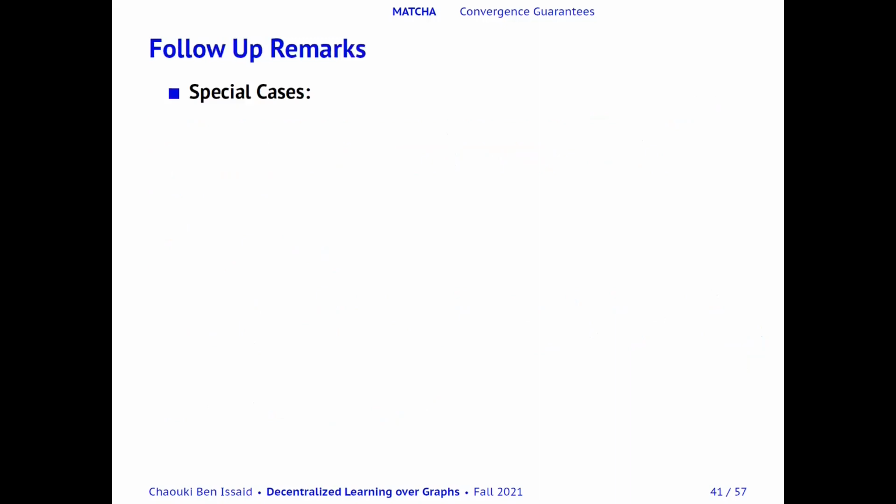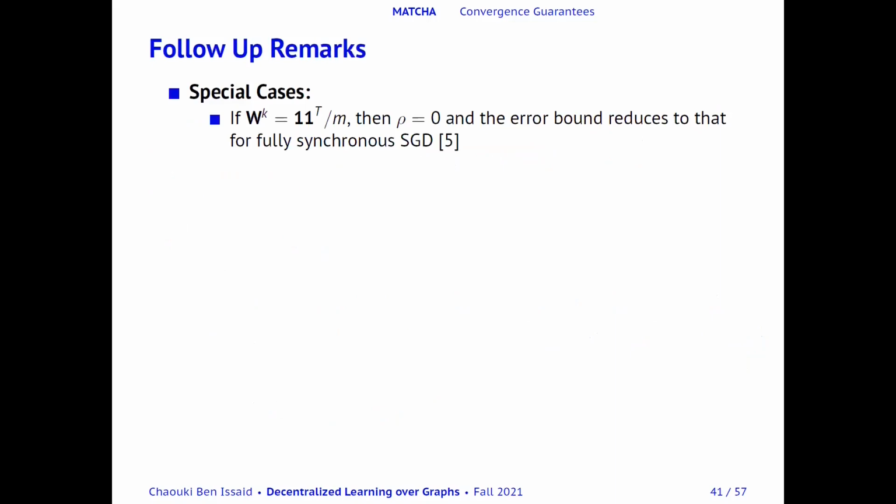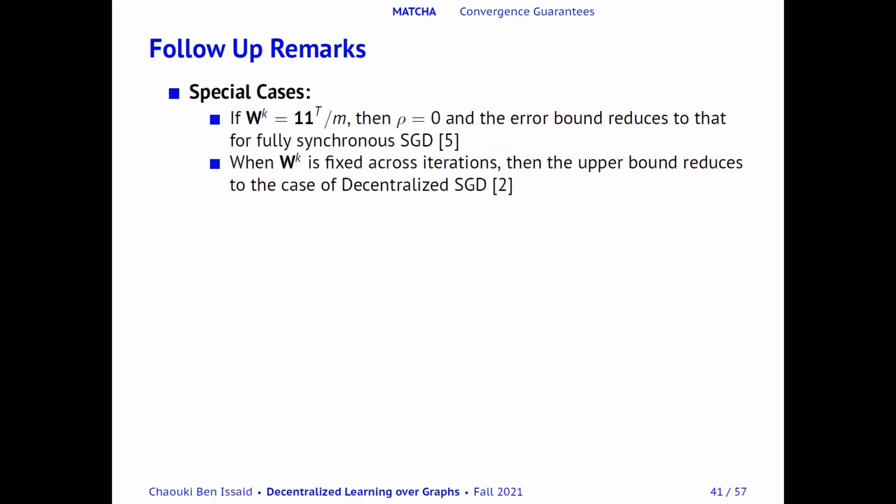Note that if W_k is equal to 1 times 1 transpose over m, then in this case rho is equal to 0, and the error bound reduces to that of the fully synchronous SGD. When W_k is fixed across iterations, then the main theorem reduces to the case of vanilla decentralized SGD.